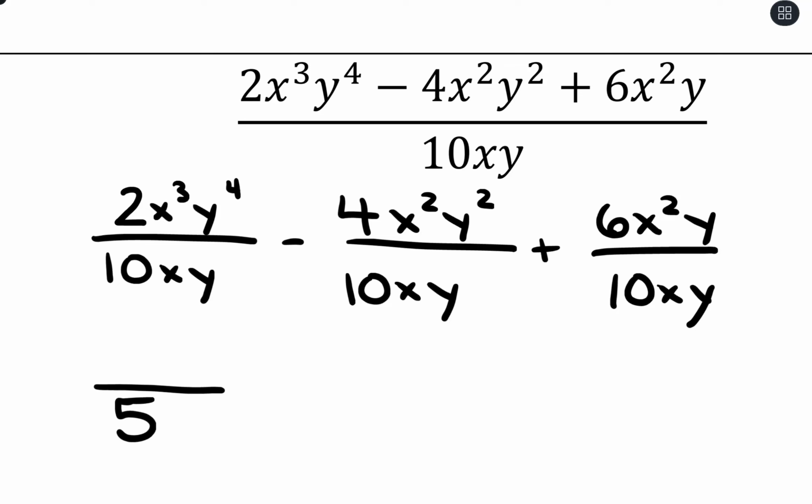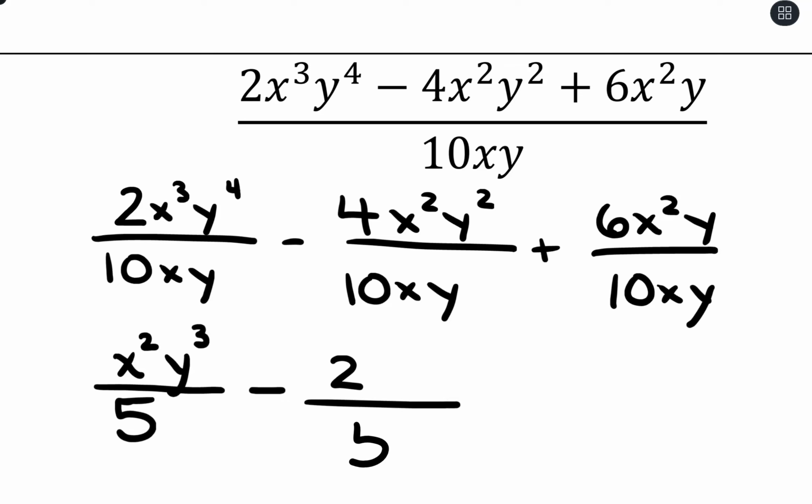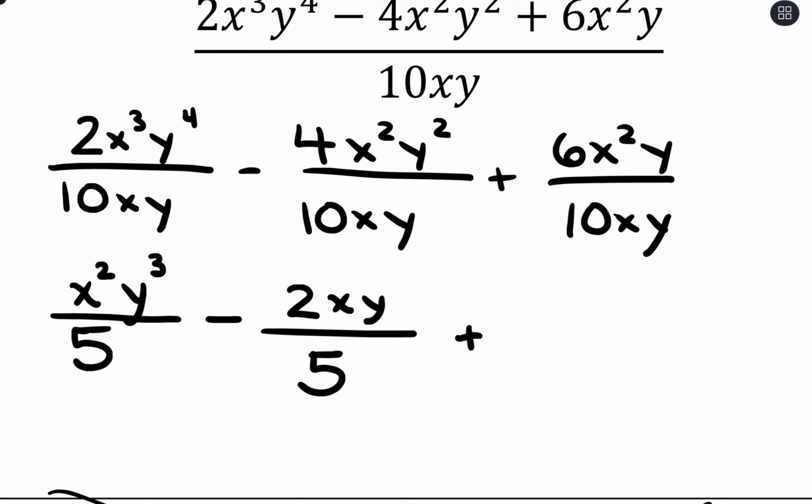And then x cubed, 1x cancels out, so we'll have x squared. Y to the 4th, 1y cancels out, so we'll have y cubed. Minus 4 divided by 10, that'll be a 2/5. So x squared divided by x is x. Y squared divided by y is y.